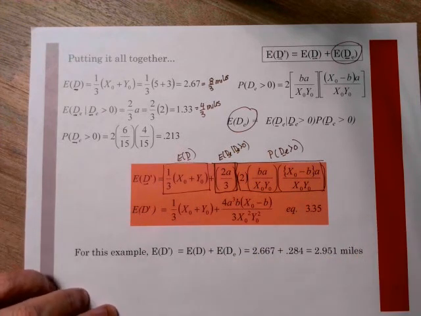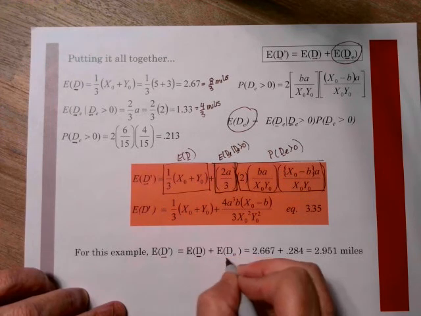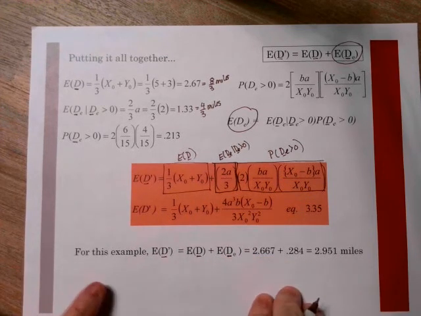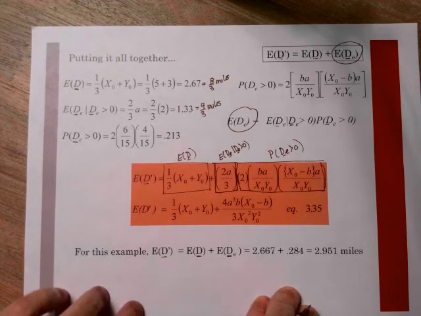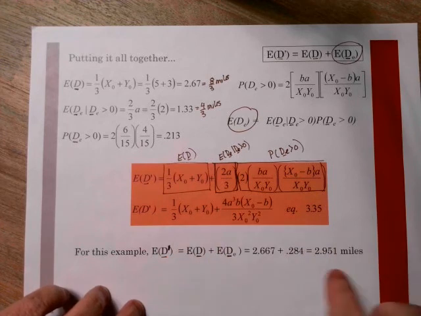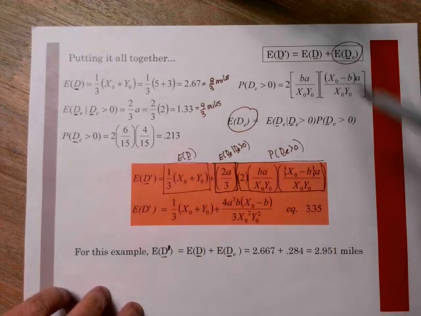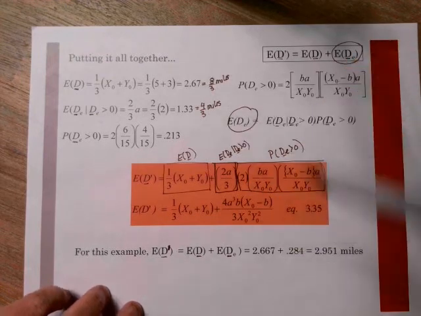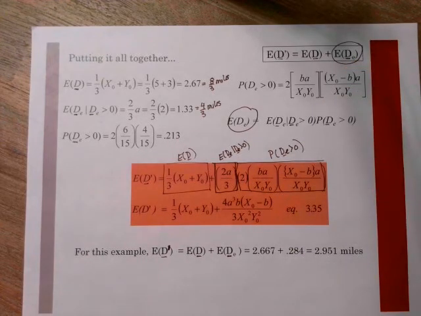And for our specific example, we end up with the expected distance due to the barrier being 2.951 miles, compared to 2.67 if we didn't have the barrier there in the first place. So I know that took a long time for me to get through, and I'm sure it's hard to listen to my voice.